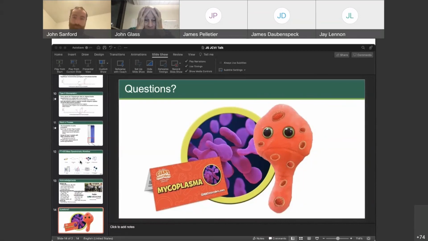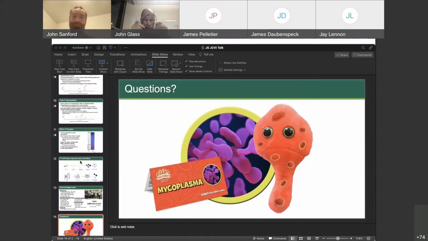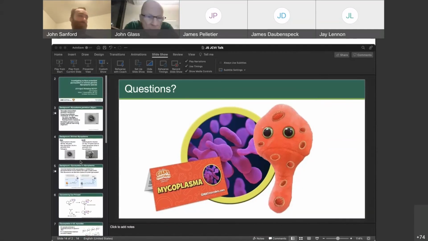John, part of the problem, this is James Dobbinstead by the way, is that it's almost like the mollicutes and the rest of the bacteria evolved along two separate lines, as far as glycosylation goes. The hexosylation system, which is shared by all mollicutes that we have looked at, including SYN3, is a unique system.